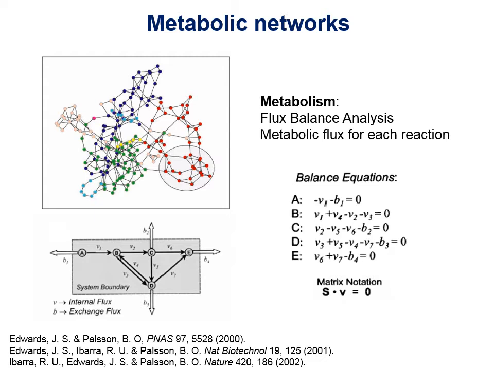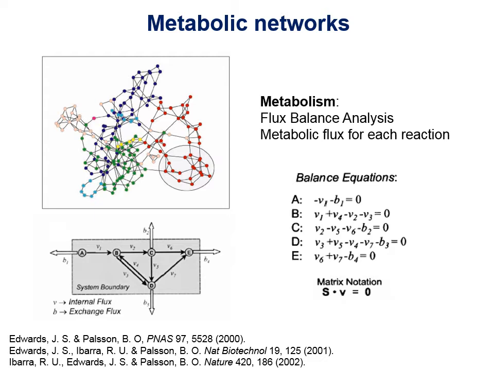With this kind of information, we have what we call flux balance analysis, FBA. This is a mathematical framework to model metabolism. This kind of model provides the metabolic flux for each reaction.